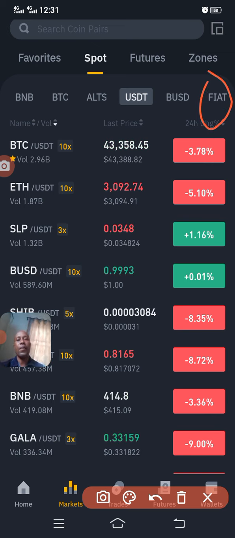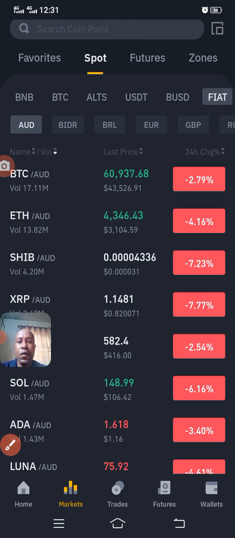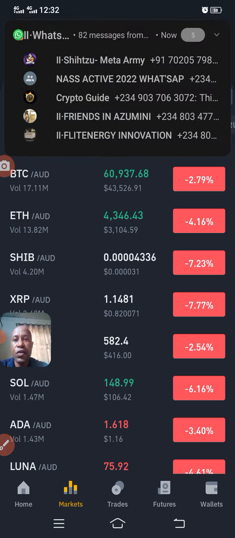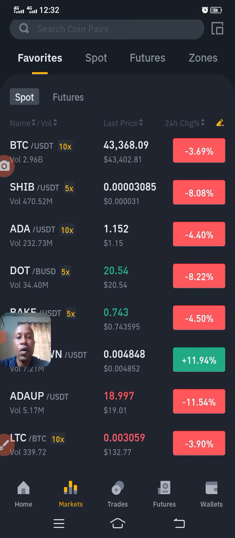So when we talk about fiat, we are talking about national currencies of countries. Let's assume I click on it now. You can see I have AUD. I can use AUD to purchase what? BTC. I can use that AUD to purchase Ethereum. I can use Euro, and it goes on up to different countries' currencies.